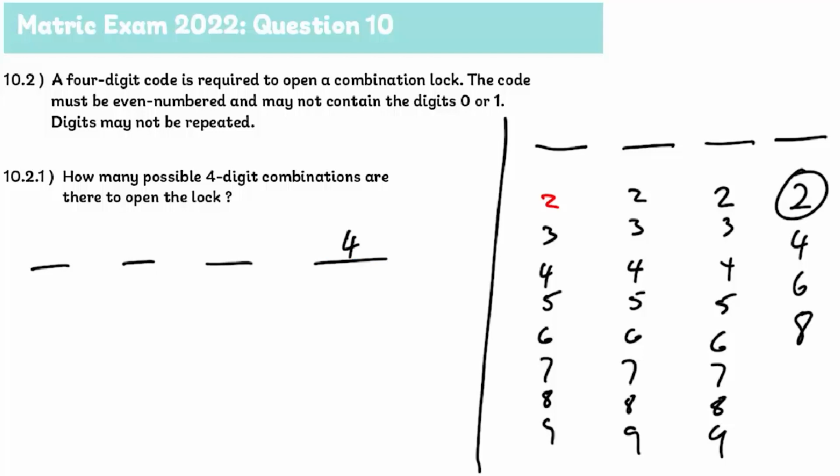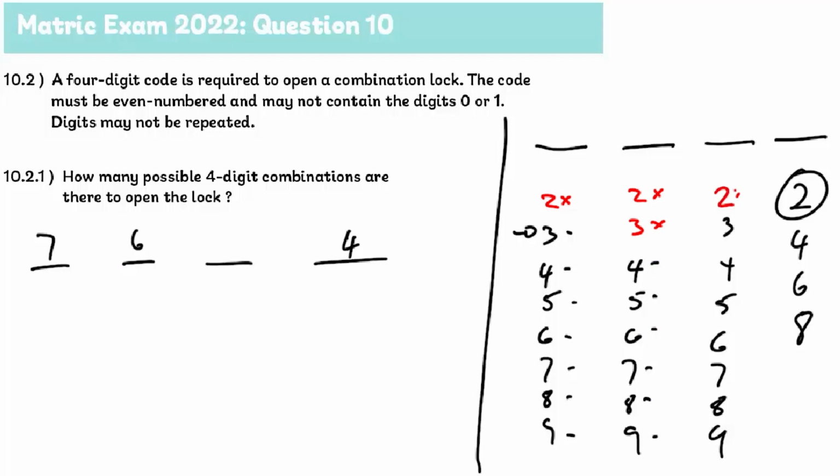That means 2 cannot be used in the first column, which means there's 7 digits available for the first column. If we used, say, 3 in the first column, it means we can't use 2 and we can't use 3 in the second column. Why? Because it says digits may not be repeated, which means we've got 6 numbers available.